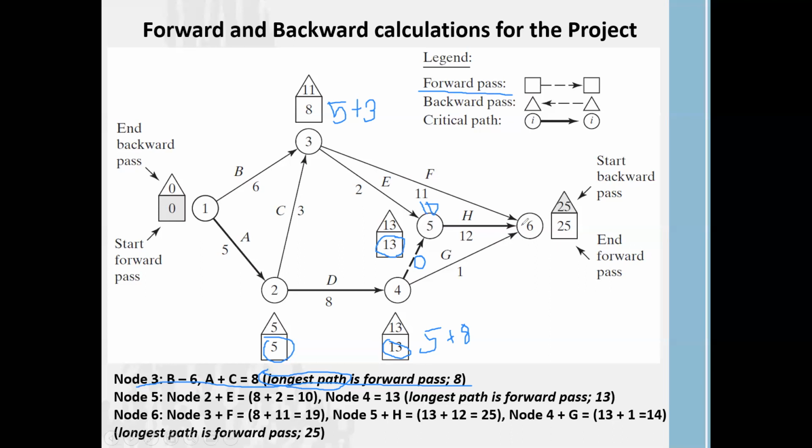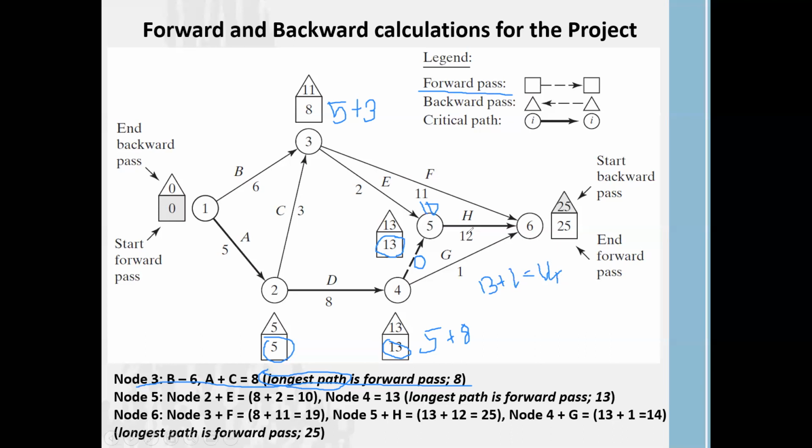Then the last one, node 6, where we are going to finish our project. In order to complete node 6, you have to complete node 5, node 3, as well as node 4. So for node 4, you have already spent 13 weeks, and for activity G you have to spend 1, then 13 plus 1 is 14.